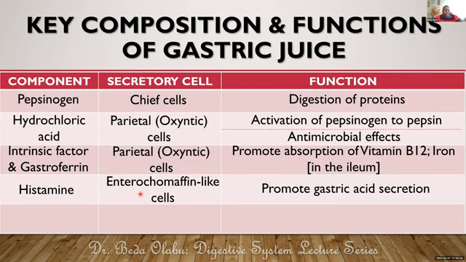Stimulation of H1 receptors by histamine facilitates inflammatory reactions. However, the type of histamine receptors that are predominant in the stomach wall are the H2 receptors. H2 receptors, when stimulated by histamine, promote gastric acid secretion. And so the key role of histamine in the stomach is to promote gastric acid secretion.